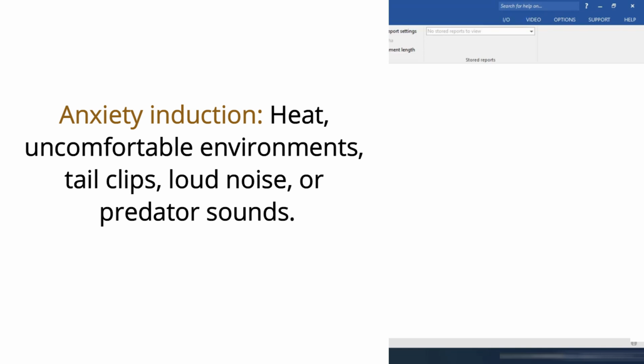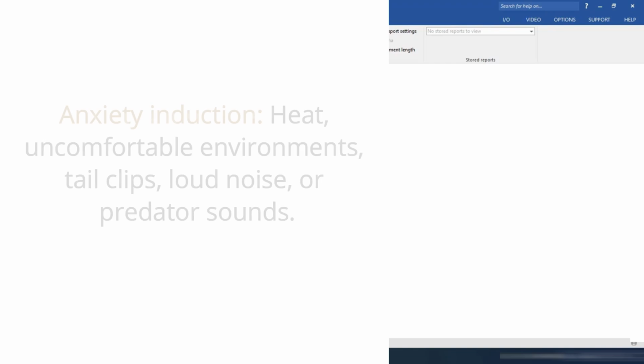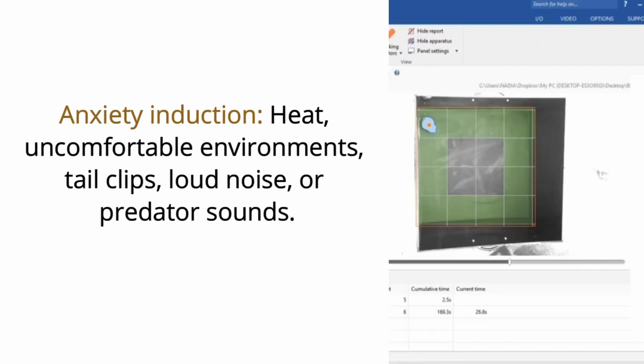These environments create anxiety in the animals. Or sometimes we put a clip on their tails, or create loud noise, or predator sound like cat noise. This type of environment may create anxiety in the animals.